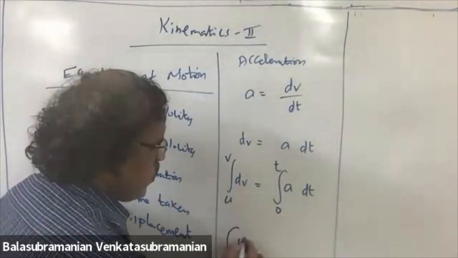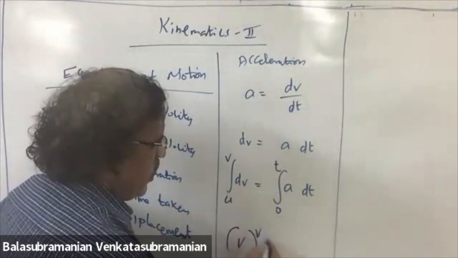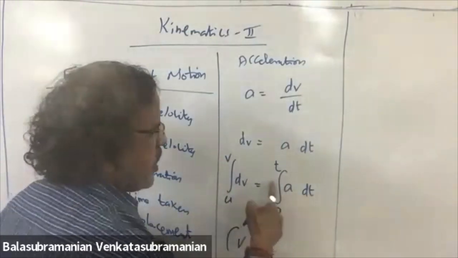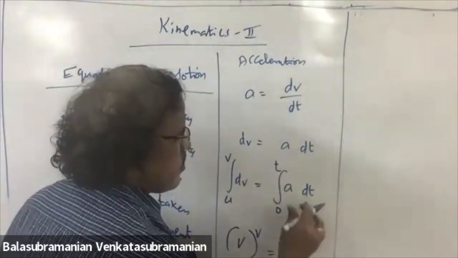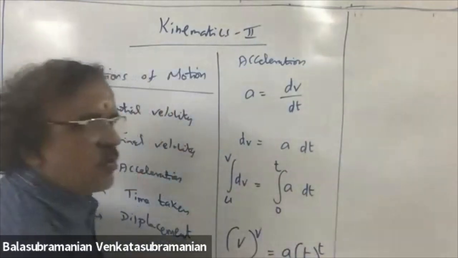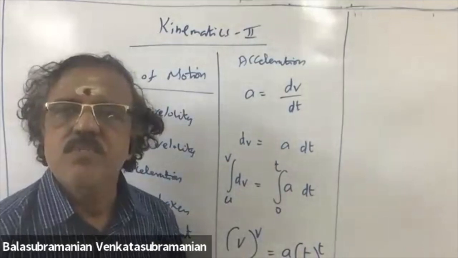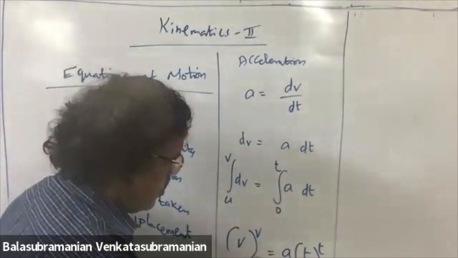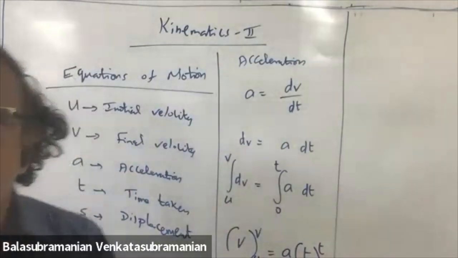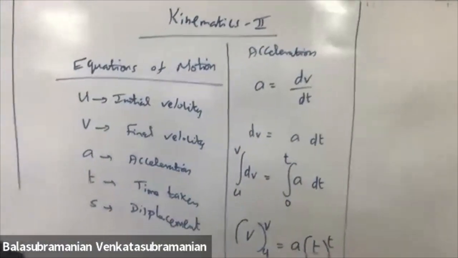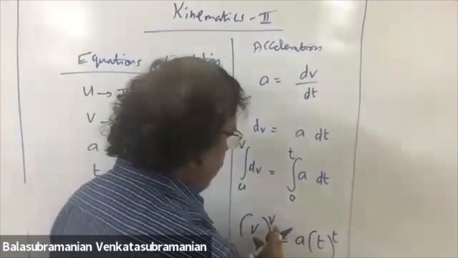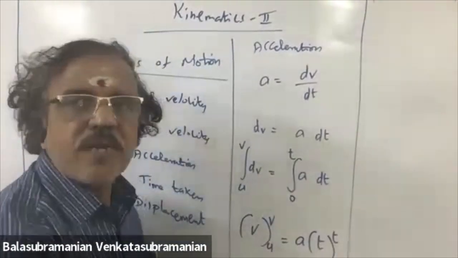Integral dv is what? v, limit u to v. A is constant, take it out. Integral dt is t, limit 0 to t. So basically, integral limit means upper limit minus lower limit.